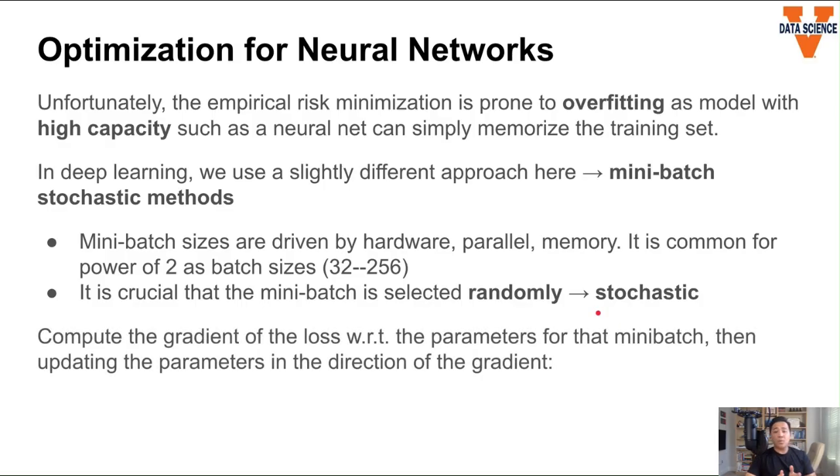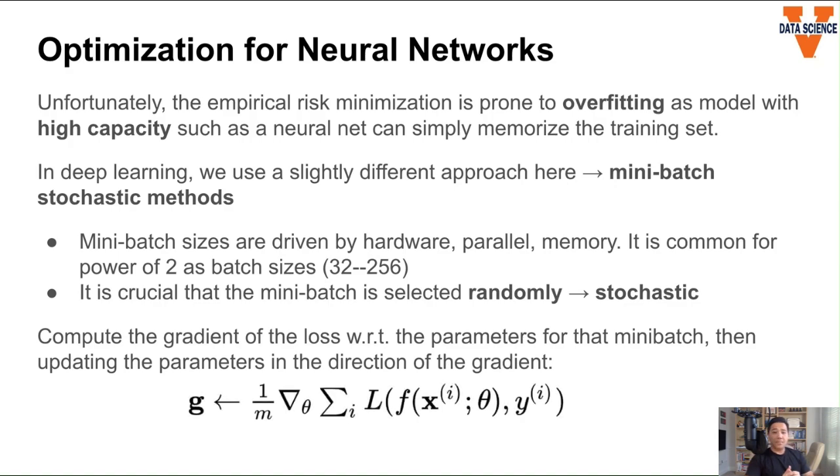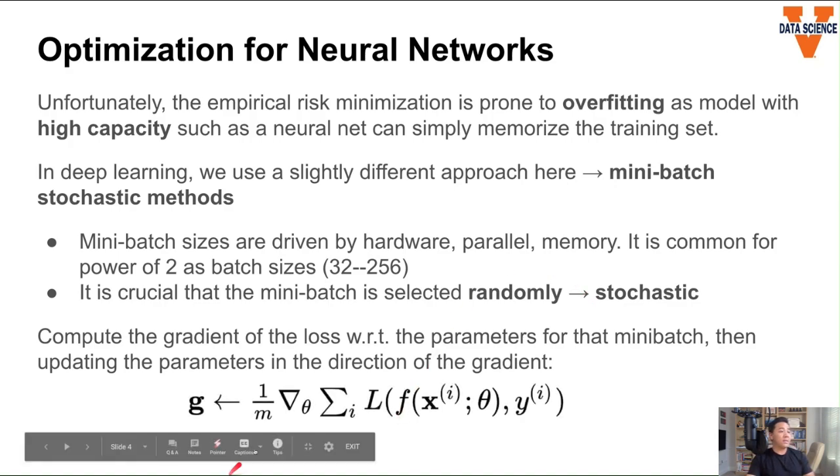Now, to compute the gradient of the loss with respect to the parameters, we need this formulation. This is very similar to what you saw before, but this is the gradient of the loss with respect to the parameters.